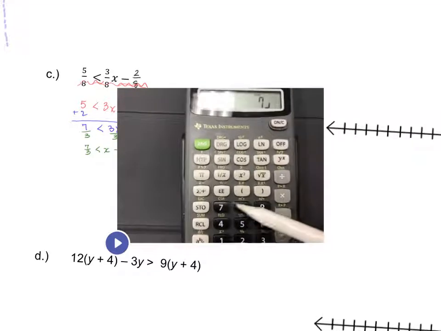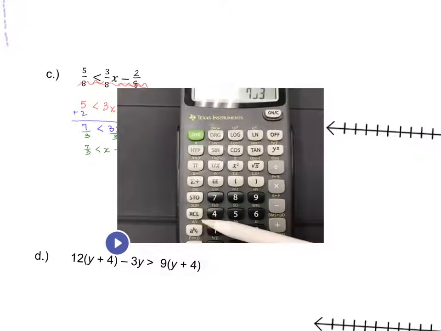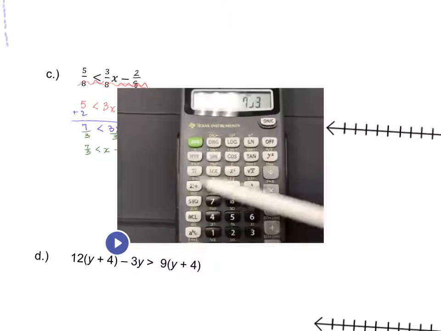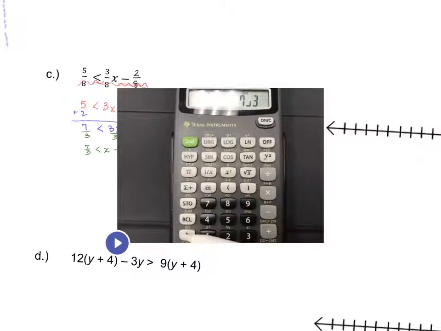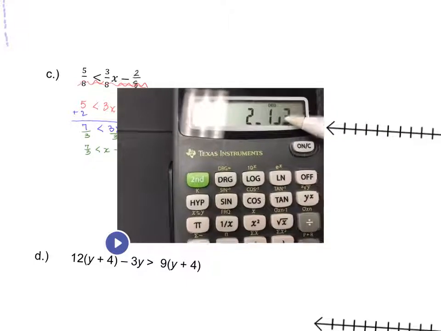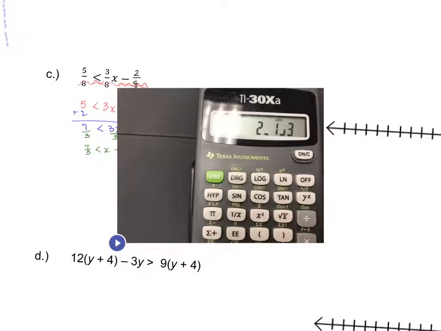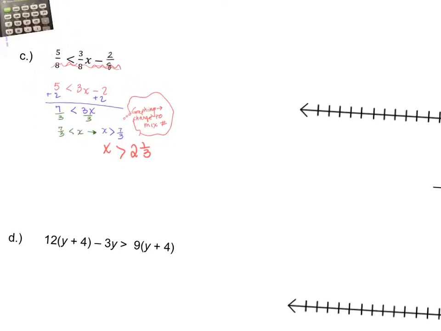That makes it over 3. And you want to change it from a fraction to a mixed number. So then you press second function, and then you press the ABC button, and it gives you 2 1/3. So make sure you have these calculators, as these calculators are going to be very, very useful to you, not only for the remainder of Algebra 1, but for your SAT and PSAT and all that stuff.